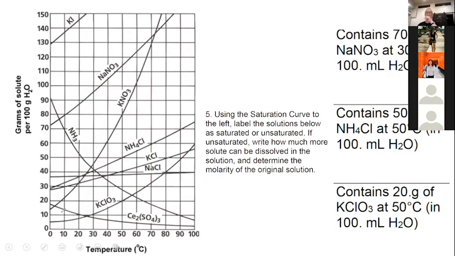Now this one is probably new to people. I think I talked to a couple different groups about it. I want to introduce the idea of a saturation curve, because you're going to be seeing these. All it is is a plot showing the effect of temperature on solubility for a lot of different salts and other molecules.